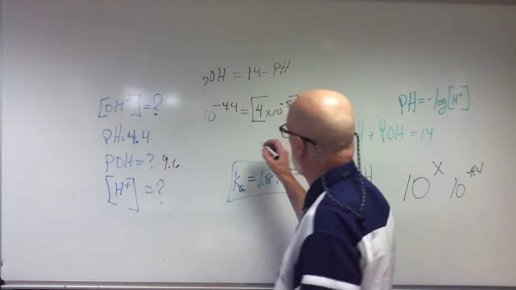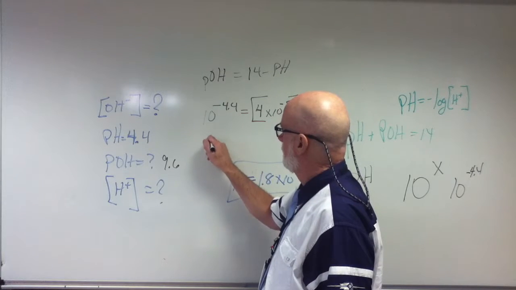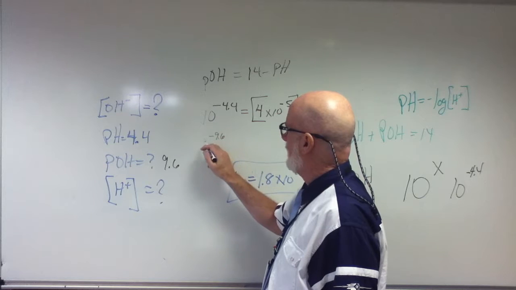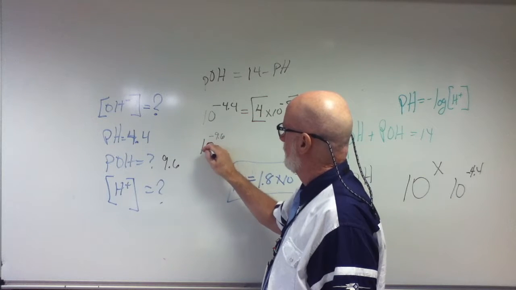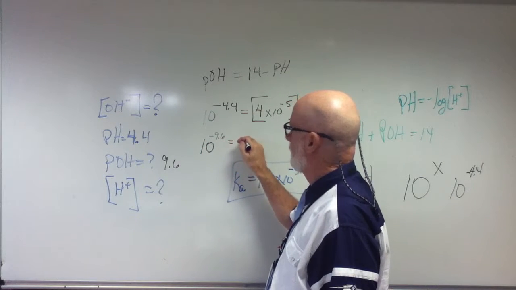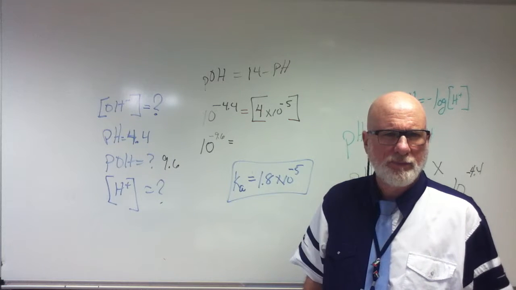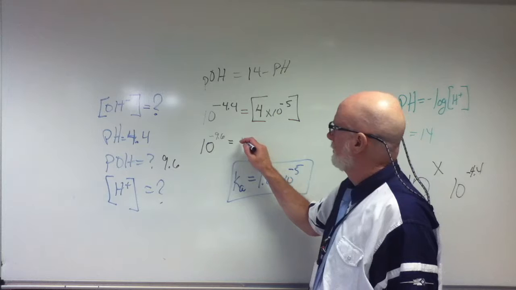What is it? 2.5 times 10 to the negative. Jen, what'd you get? 2.5 times 10 to the negative 10. That's right.